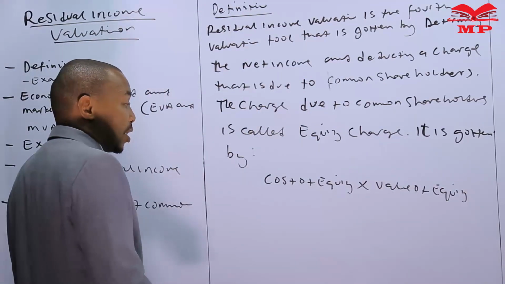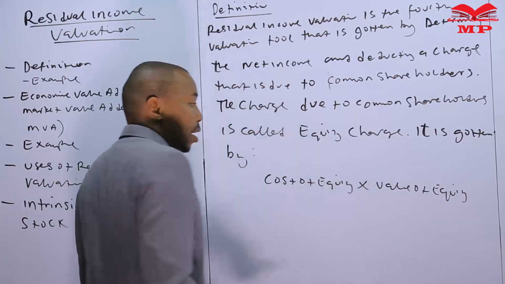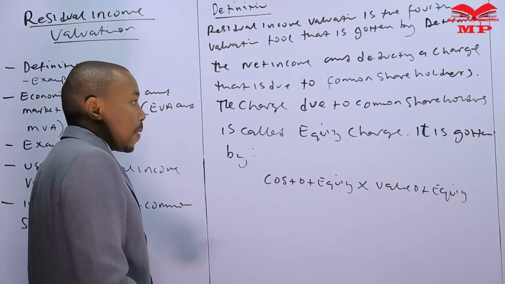That's how we get the equity charge. We get the cost of equity, then multiply it by the value of equity there.